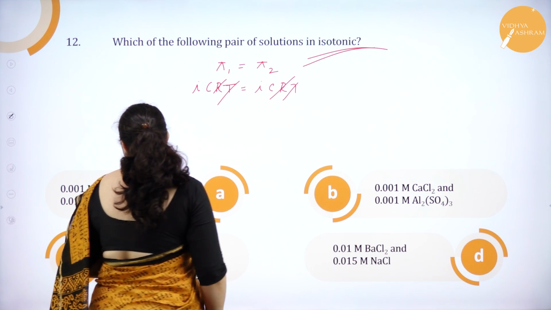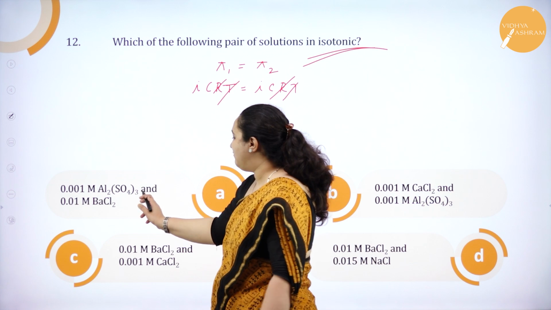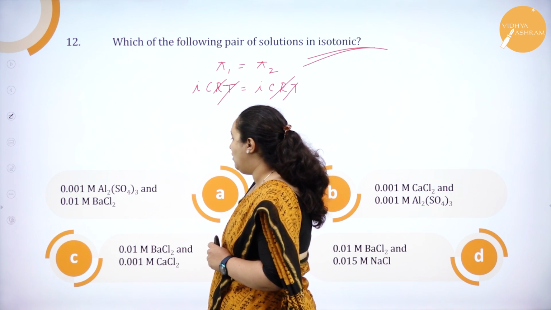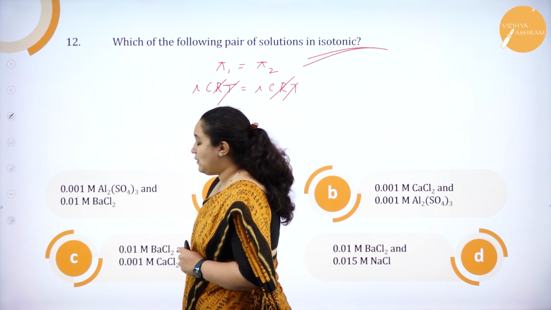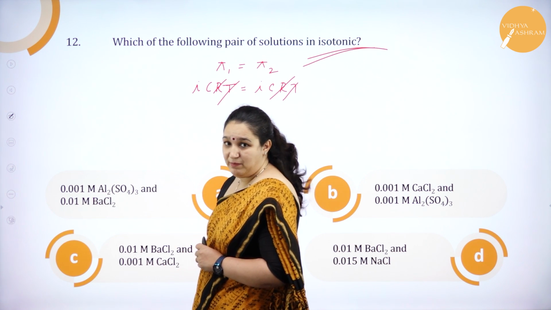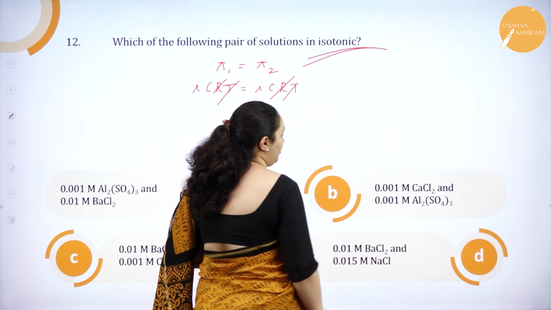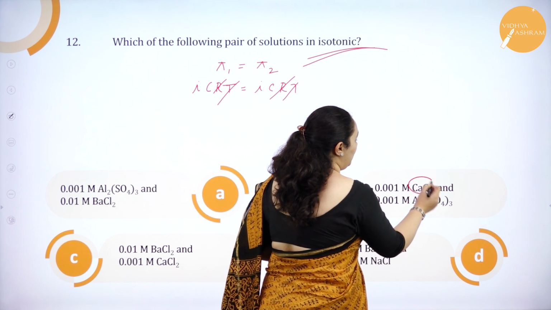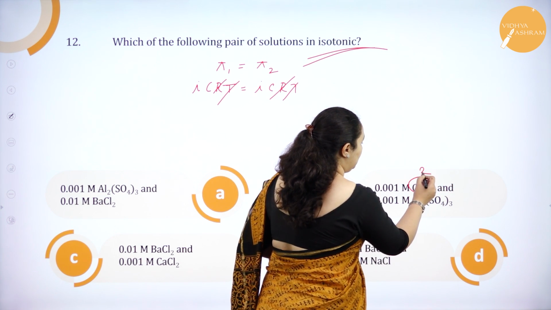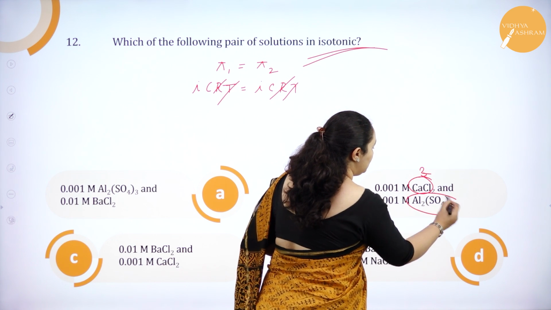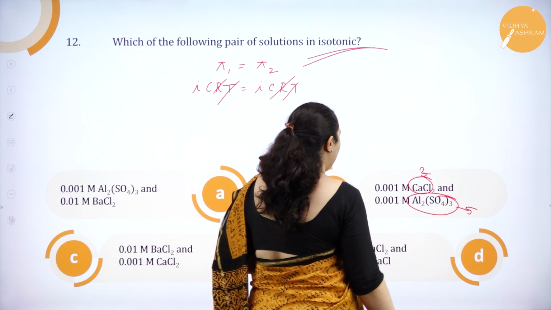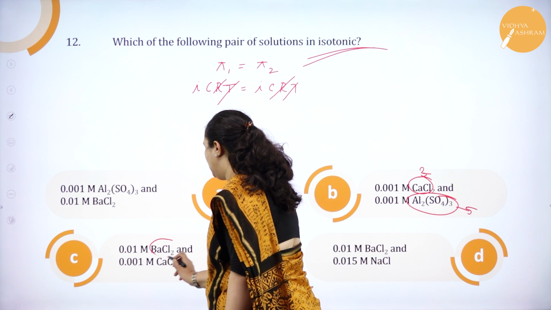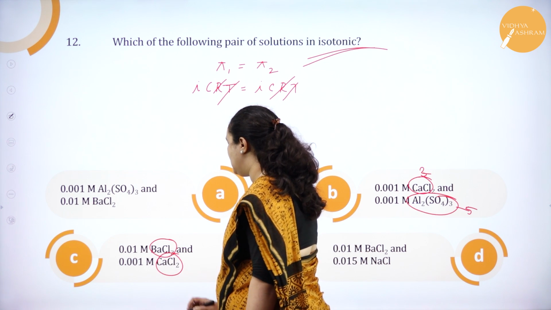So the first option we'll see 0.01. Here you have 3 plus 2, 5 as Van 't Hoff factor. Okay, and here you have 2 plus 1, 3. So there is no way that they can be equal to one another. Here you have 0.01 and 0.01, these two are equal, but then this will produce i as 3, and here this one is 5. So again they cannot be equal. Here these two are equal, that is i factors are equal.